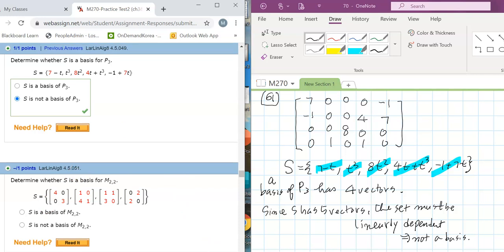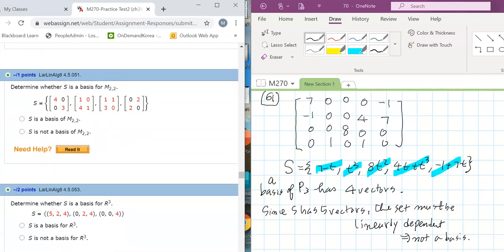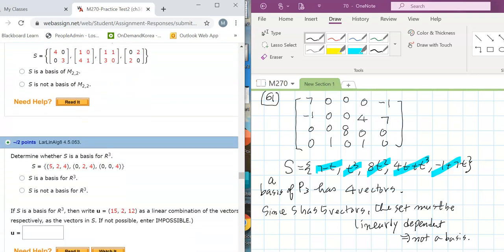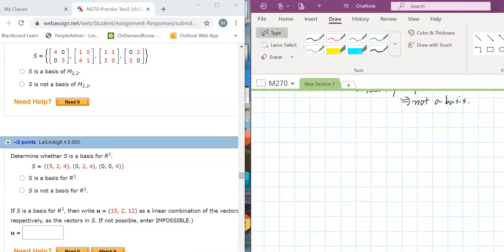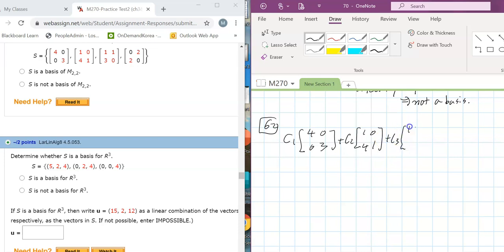Okay, so now if you look at 62, the same idea. Okay, so 62, you get C1 of 4003 plus C2 of 1041 plus C3 of 1130 plus C4 of 0220.